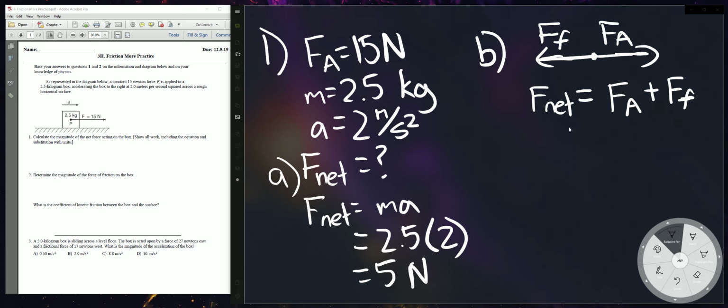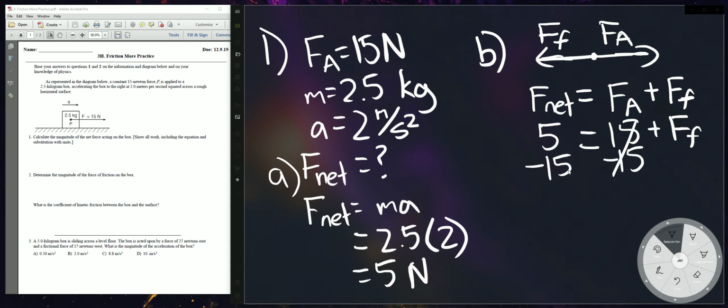Now Fa, your applied force, we know what that is. We also know our net force is 5. We know our applied force is 15. The question wants you to figure out, what is my frictional force? Minus 15, minus 15, minus 10.